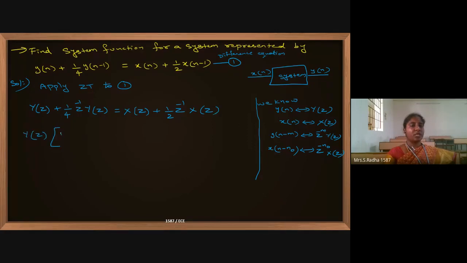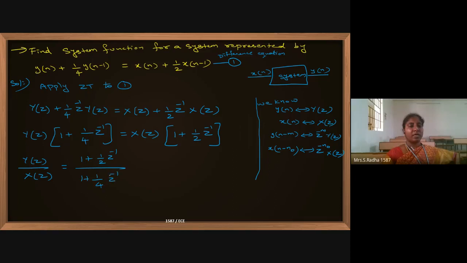Y of z if you take common, 1 plus 1 by 4 z inverse, and on the right side if you take X of z common, it becomes 1 plus 1 by 2 z inverse. Now you make the fraction Y of z by X of z, and this becomes 1 plus half into z power minus 1 divided by 1 plus 1 by 4 into z power minus 1.